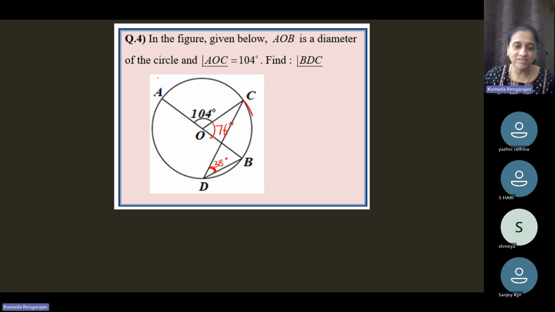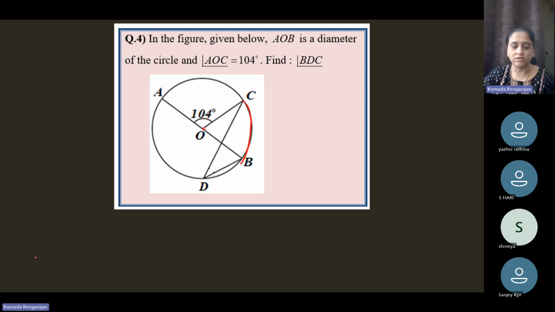Okay, this arc BC. Look at the board. This arc BC makes BOC at the center, yes or no? The same arc BC makes BDC on the circumference. See here, the arc BC.